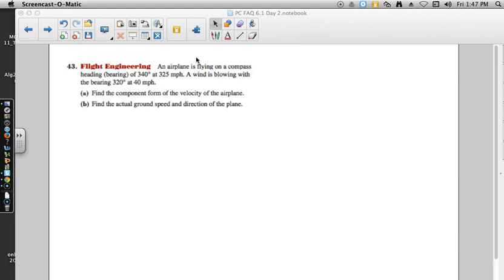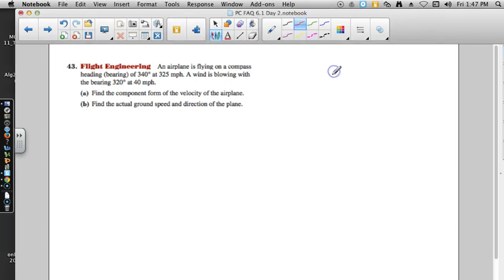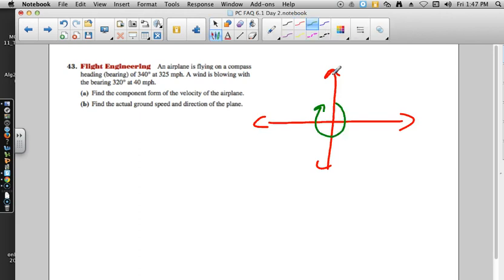So 43, similar, but now we've got a couple of things going on here. We've got an airplane that's flying on a compass heading, a bearing of 340 degrees. So almost all the way around. In fact, we're just 20 degrees short of it there. And that's going 325 miles per hour.